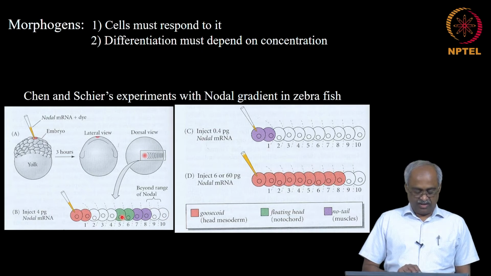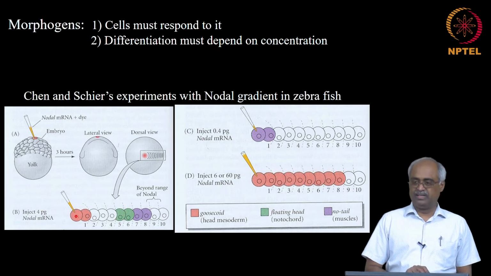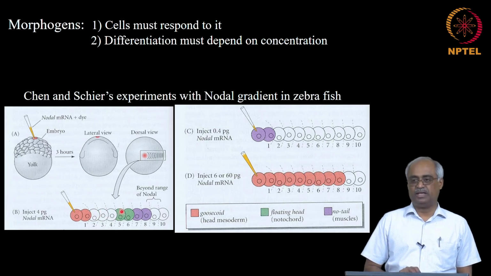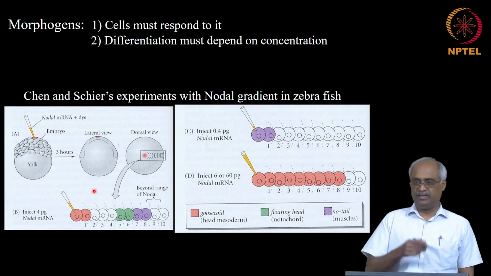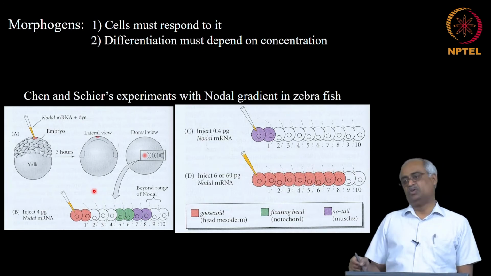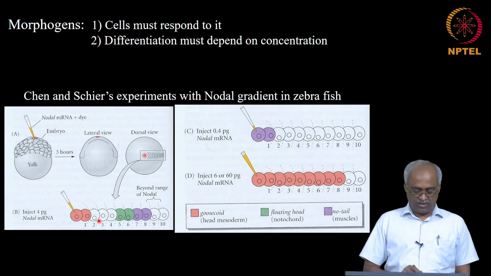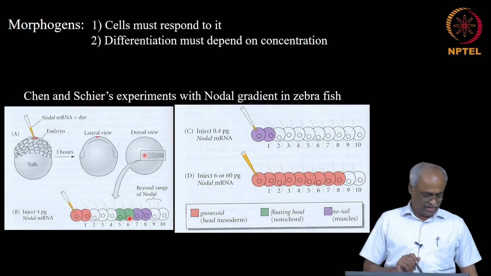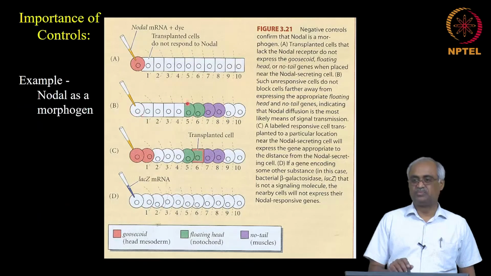Instead, nodal induces certain changes here, and in turn this cell induces this cell to be white, and only when this cell becomes white it induces this to be green, and this has nothing to do with the nodal gradient. If this is the case, if I replace these with a different kind of cells, then that should not happen. Like if I have cells with no nodal receptor, then that should not happen, and that is what is being tested in this. Is this clear?